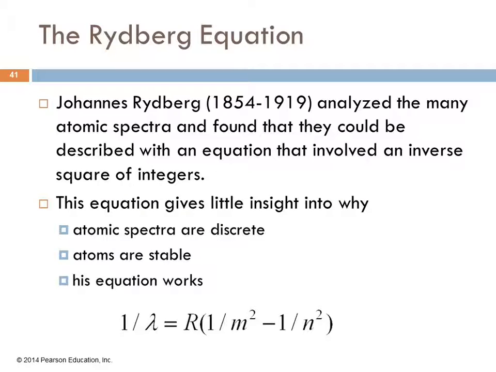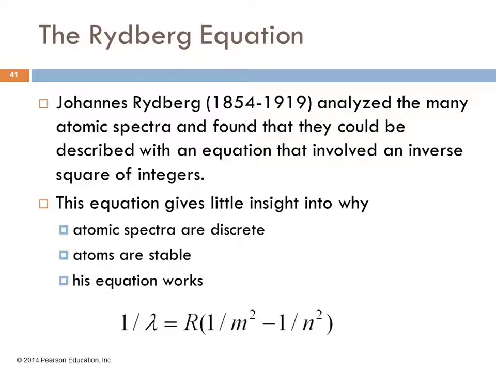Well, Johannes Rydberg, actually I think it's Rydberg. Johannes Rydberg, he lived around the turn of the 20th century. He looked at these atomic spectra because scientists discovered this, and they're like, okay, wow, that's not what we were expecting. What do we do with this? What does it mean? Can we find a mathematical relationship between these lines?